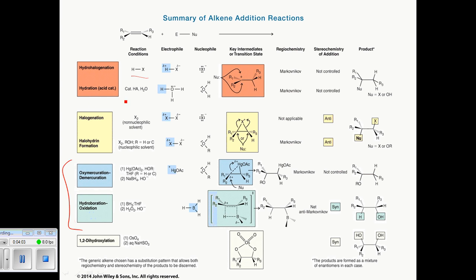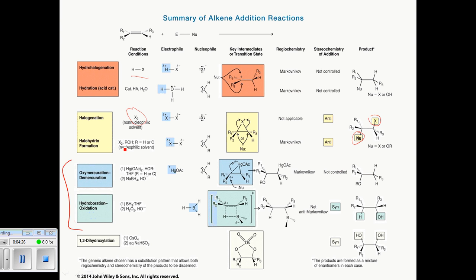And the same thing you can do acid catalyzed hydration, which is what we talked about with making alcohols. And then the halogenation is when you use an X2 or Br2 or Cl2, and they add one halogen on either side of the double bond.